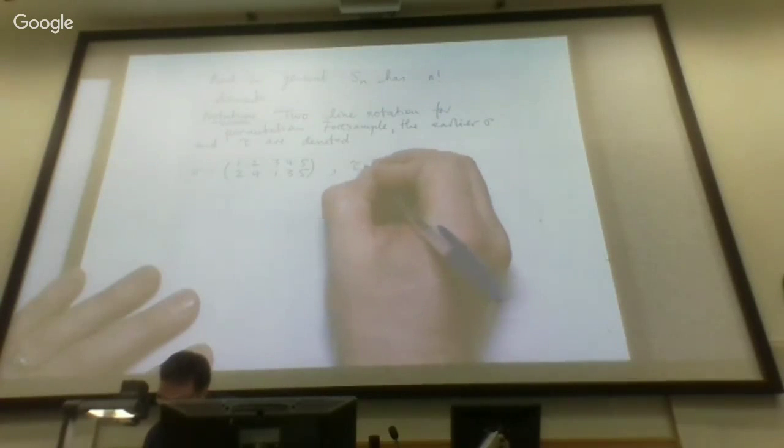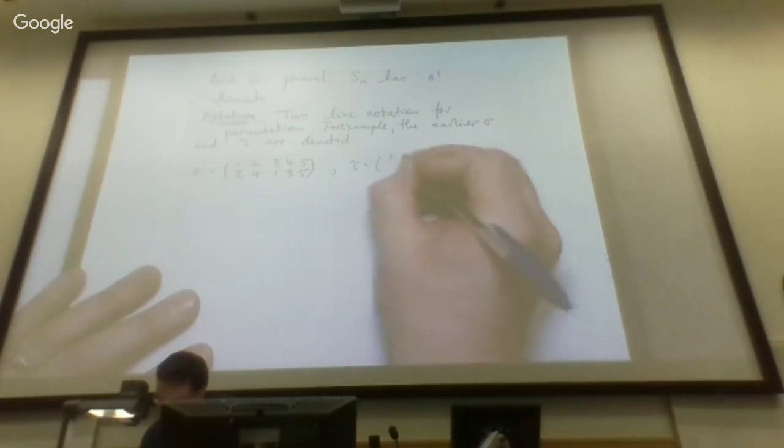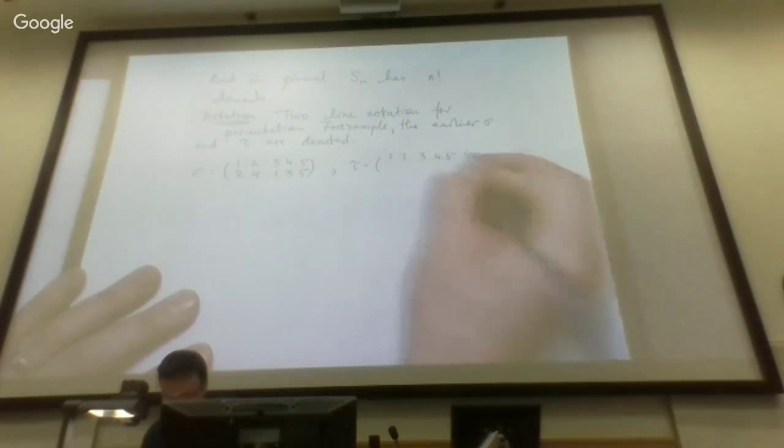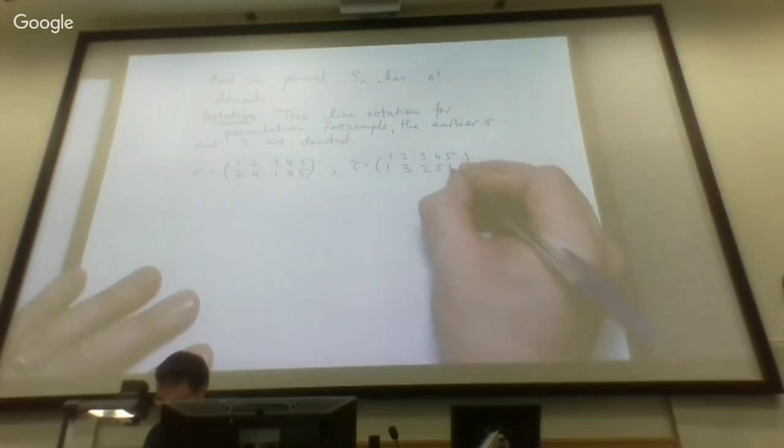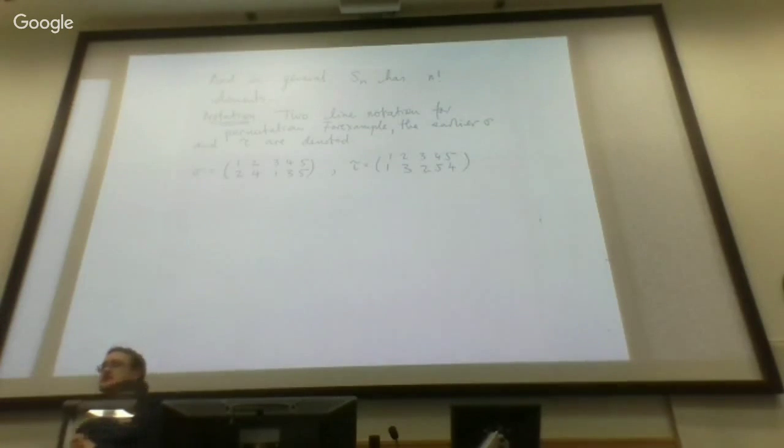And tau, a permutation of 5 symbols. So there's the 5 arguments, and what does tau do? Sends 1 to 1, 2 to 3, 3 to 2, 4 to 5, 5 to 4. Nice and easy. Okay, we've dispensed with all the arrows. Really, we don't need the arrows.